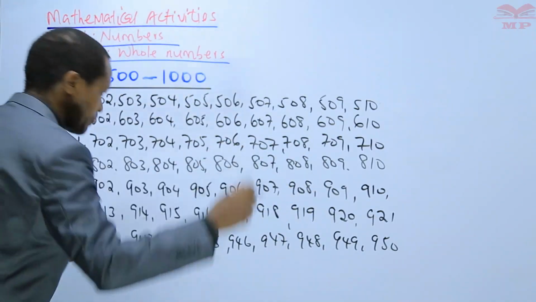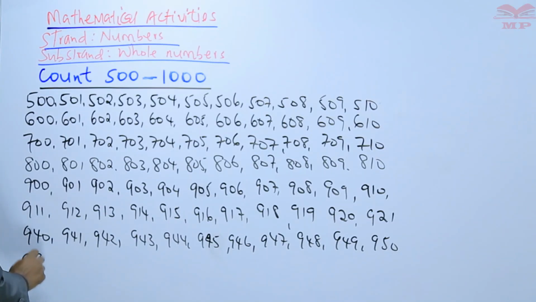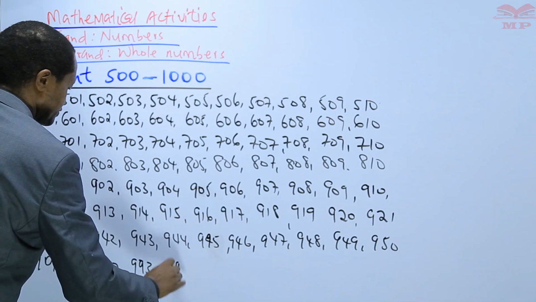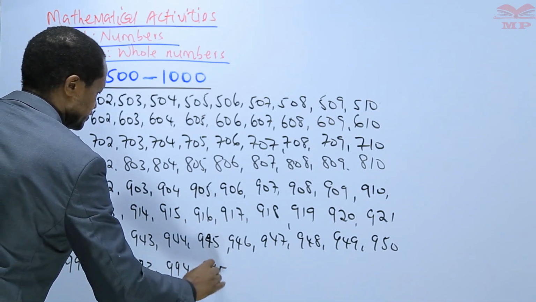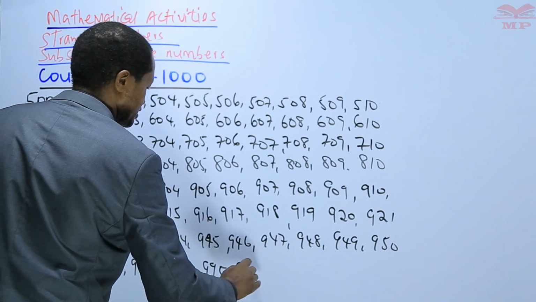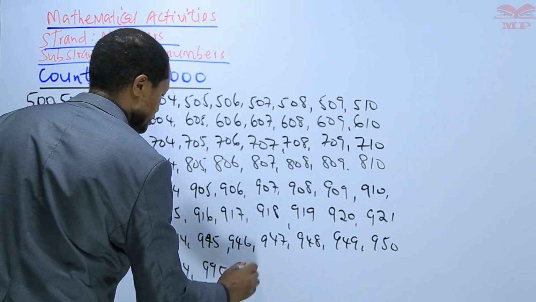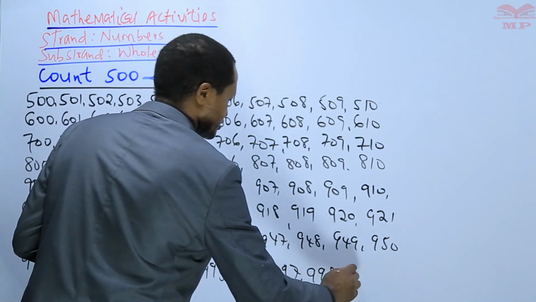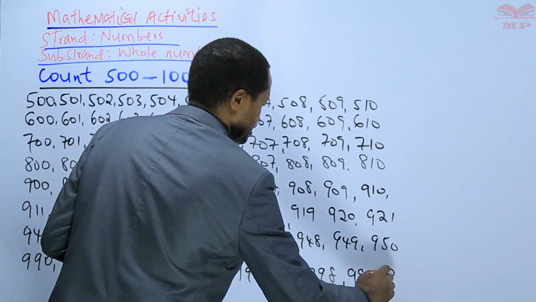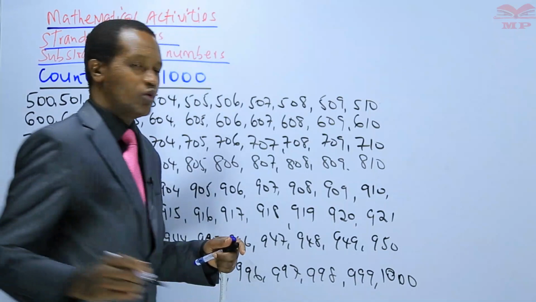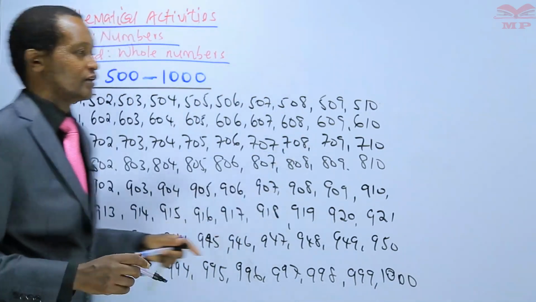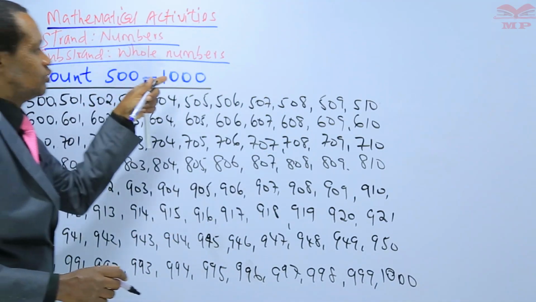I can go on, learners, up to 990, 991, 992, 993, 994, 995, 996, 997, 998, 999, then 1,000, learners. I've counted from 500 to 1,000.